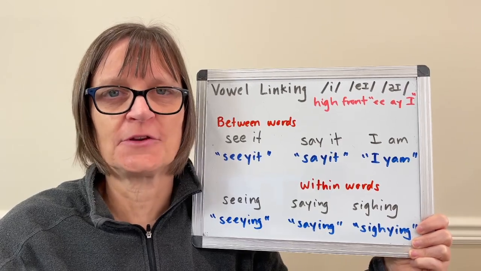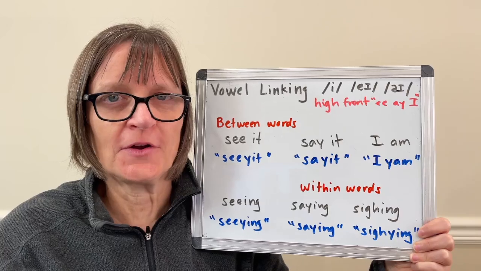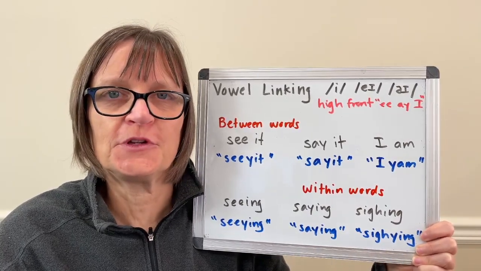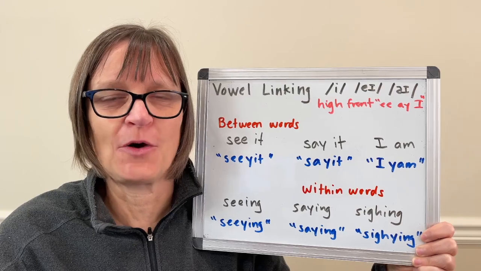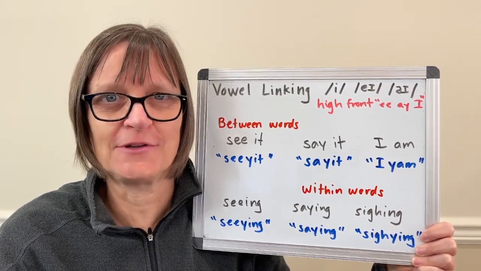In this lesson, we'll look at vowel-to-vowel linking, which is an important part of pronunciation and fluency in English. First, we'll look at how we link between vowels that are high front vowels, and then we'll look at rounded vowels.